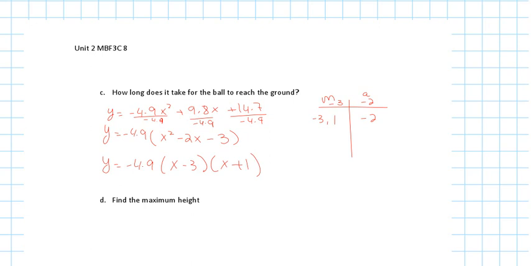Okay, the question is asking you, when does the ball hit the ground? So the ball hit the ground at 3 seconds, and the ball hit the ground at negative 1 second.